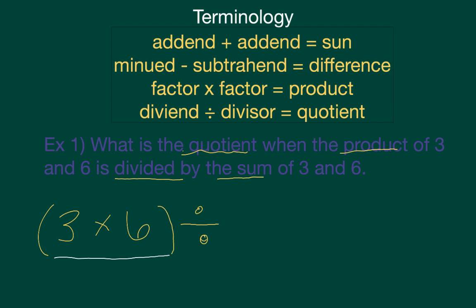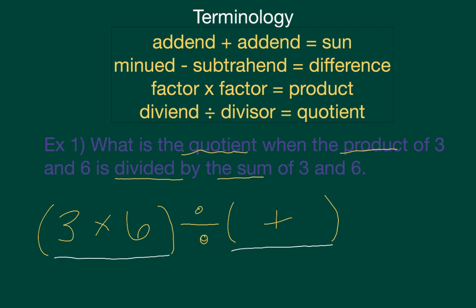All right, now let's look at the right side. If you notice, it says the product of 3 and 6 divided by. We already put the division sign there because we knew the quotient was the answer of a division. So that divided by, we just leave alone. Then we have the sum. What does the sum mean? Addition. And once again, I'm putting this in parentheses to separate the right and the left.